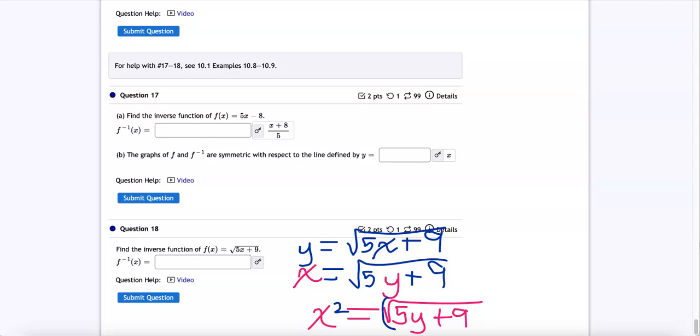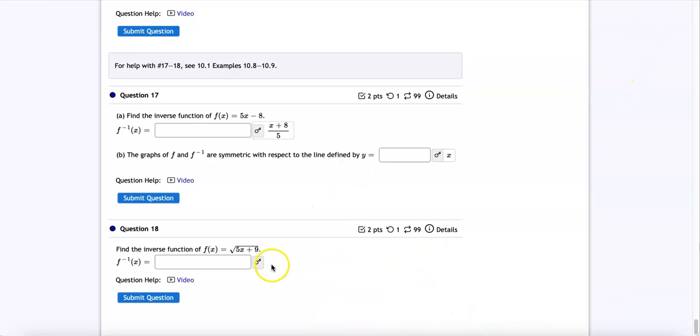You end up squaring this right-hand side, and that square root and the square will cancel, because as it happens, they are inverse functions. And you end up with 5y plus 9, so then you need to subtract 9 from both sides and divide by 5, and then you end up with the answer, which is x squared minus 9 divided by 5.